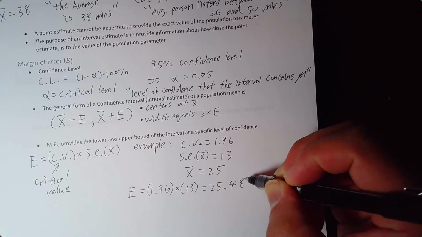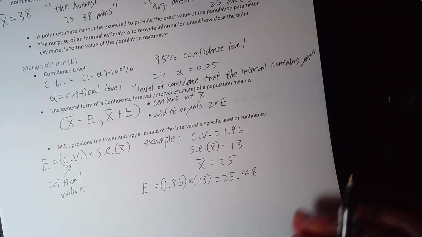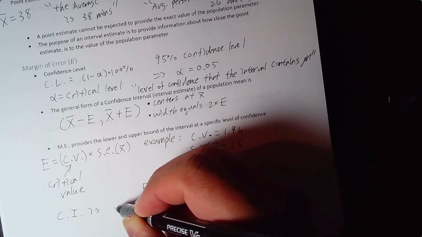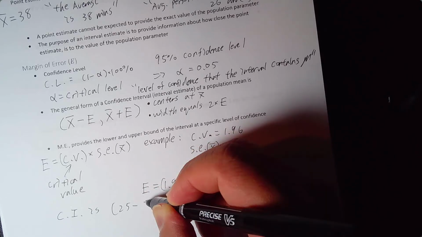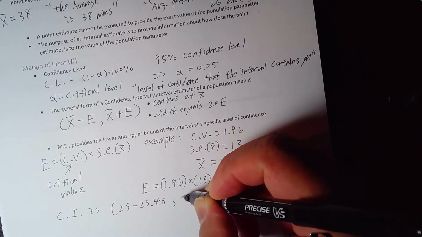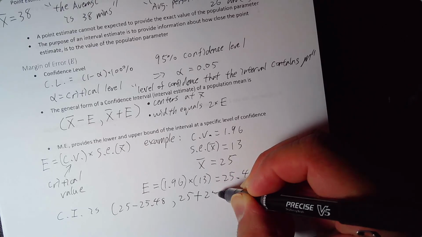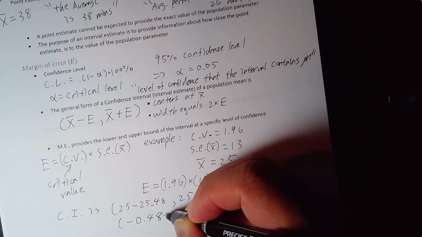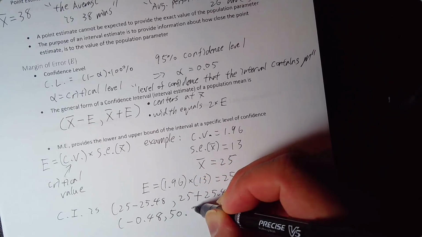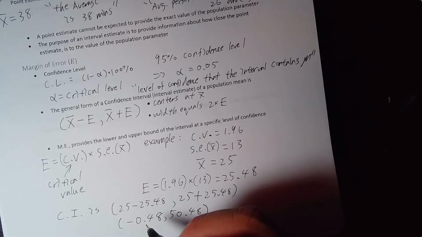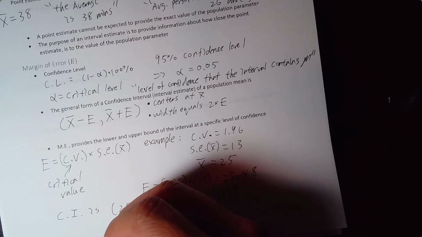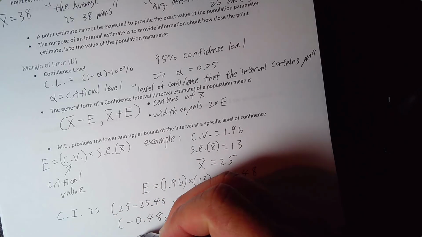Now we can construct a confidence interval. Our confidence interval is 25 minus 25.48, comma, 25 plus 25.48, and we simplify this. We will say this is a confidence interval for mu.